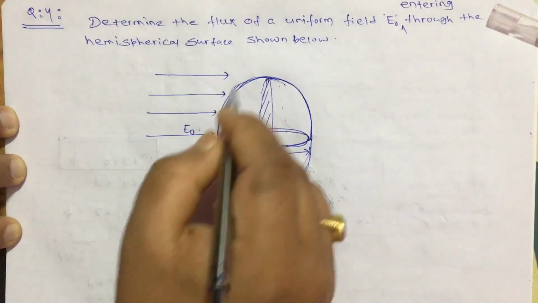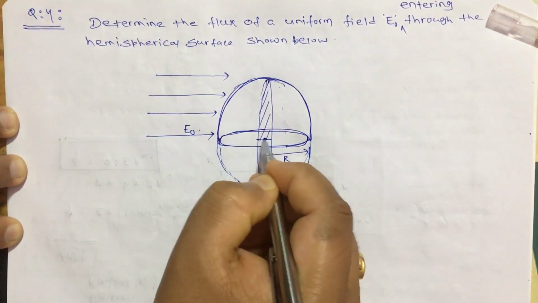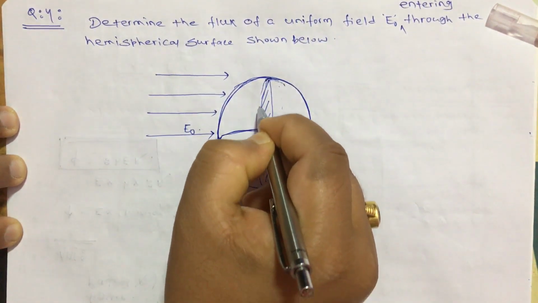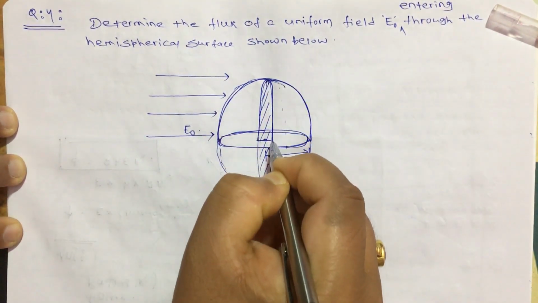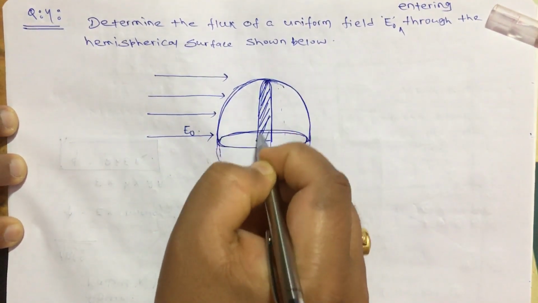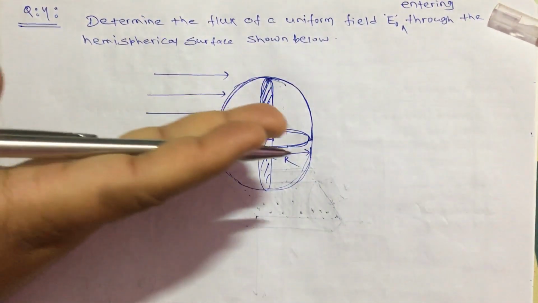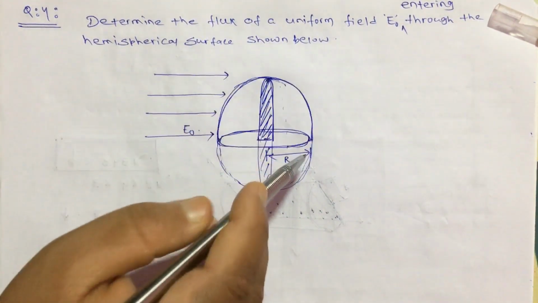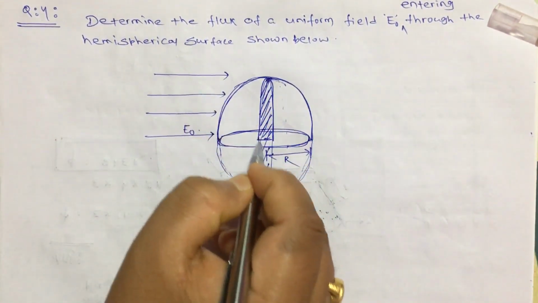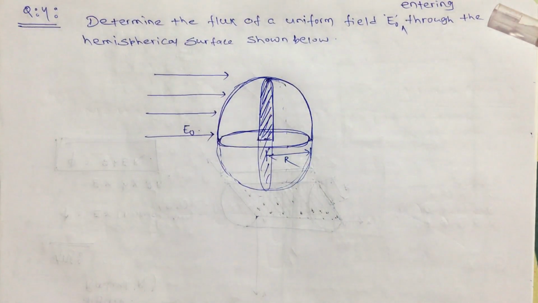But now this total flat surface is not there, only this much surface is there from here to here, because the hemisphere is given. Is it clear? So if we look from this side at this hemisphere, it will look like this half circular surface.